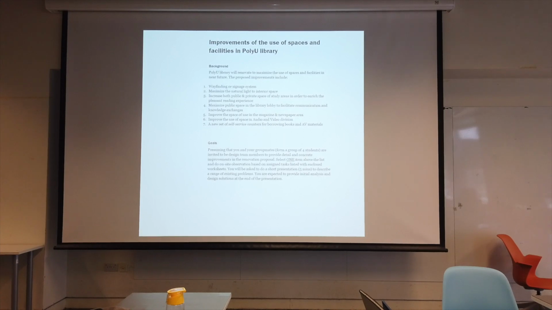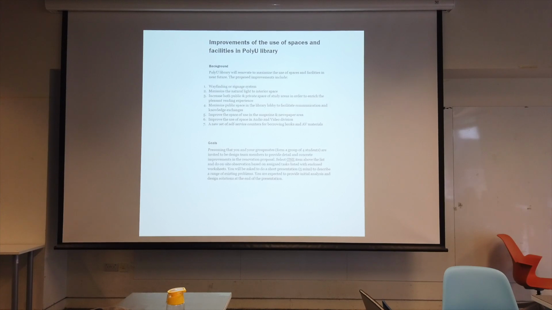You are told to study or do observation at the Poly Library. For my group, you are told to go to the student canteen. We have a couple of student canteens. You don't need to go to all of them. You can pick one of them to do observation.